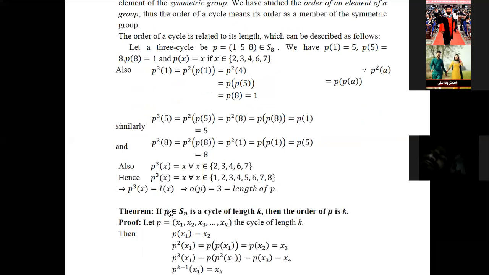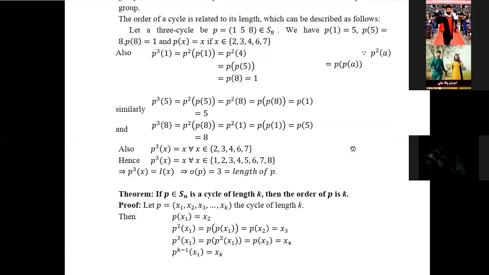If p is any permutation on Sn that is a cycle of length k, then the order of p is k. This is very important. If the length of the cycle is k, then the order of the cycle is also k. See in this example, length is 3, then order is also 3. Order and length are both the same.